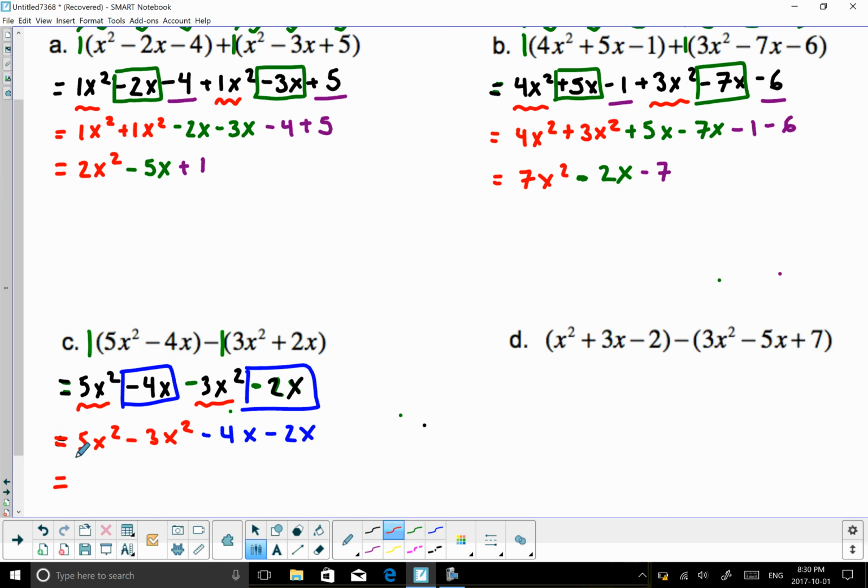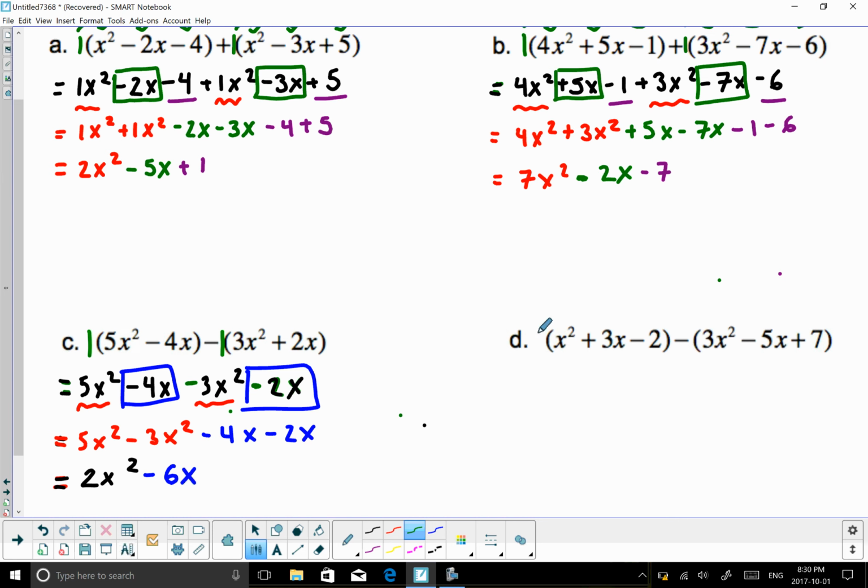So now add your like terms. 5x squared minus 3x squared. So 5x squared, and I'm subtracting 3x squared. I have 2x squareds left. Here I have a negative 4x and I have more negative x's. So it's negative 4x and negative 2x. So I have a larger negative, so I have 6 negative x's.